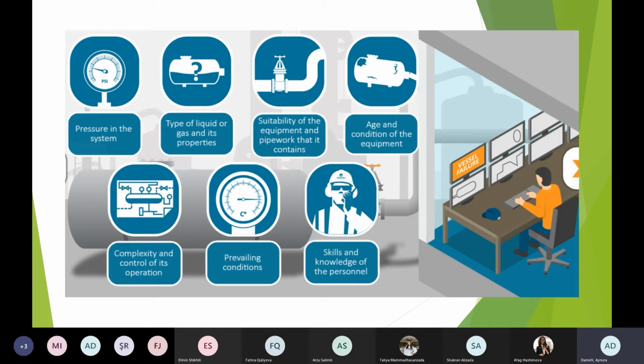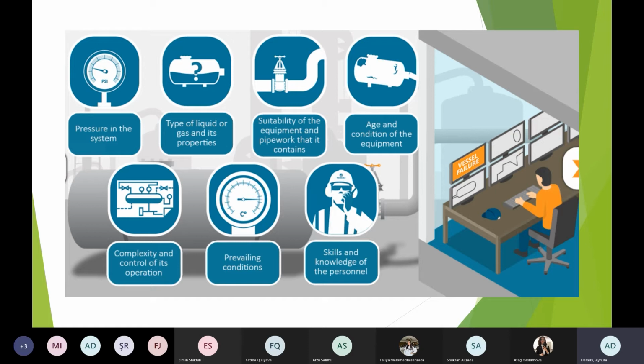Type of liquid or gas and its properties: again, we should know all degradation mechanisms of the fluid type we are transferring inside the equipment. Suitability of the equipment and the pipework that it contains.